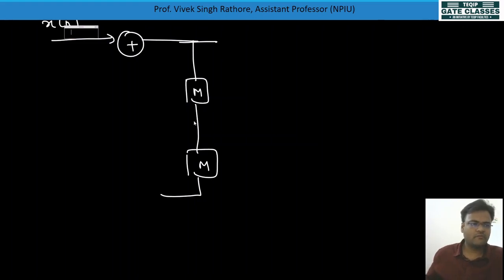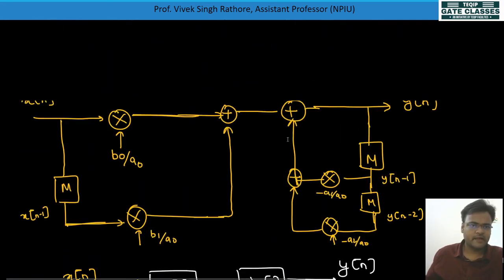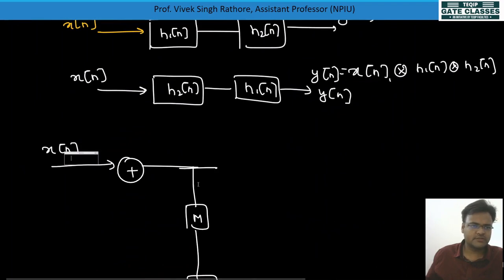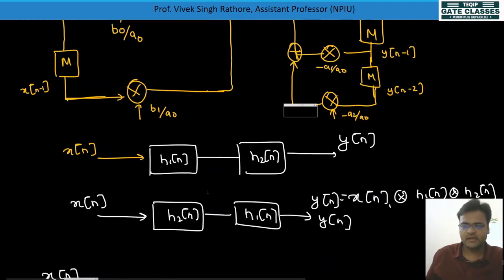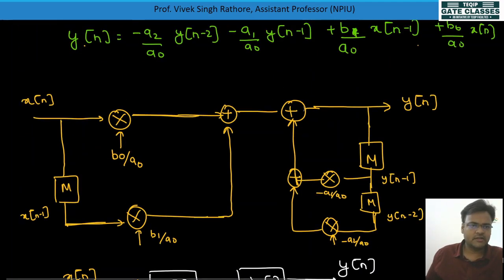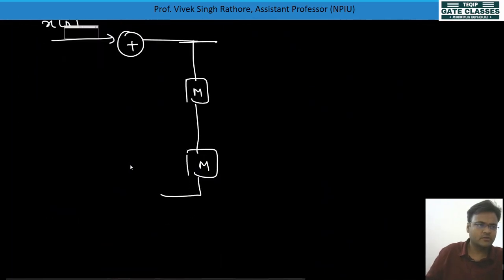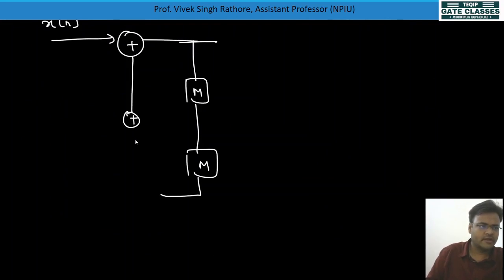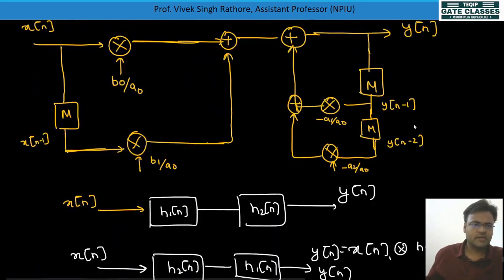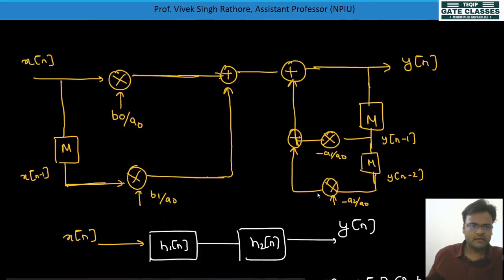So earlier this combination was there, and all things are there, you just need to move the right hand side to the left hand side. So here one more combination is there, so we make one more combination, and here some value will come. What value will come? See, the m value is there, and here minus a1 by a naught.